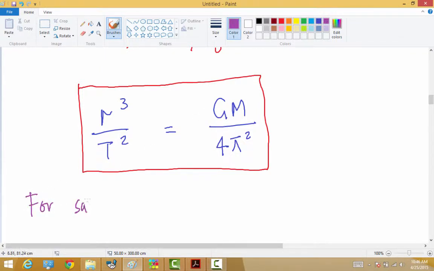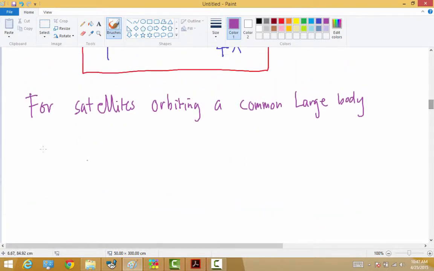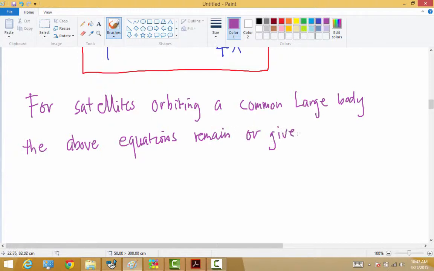Yeah, so for satellites going around, or orbiting is a better word, a common large body, the above equations, formulas, remain or give the same value, i.e. they remain constant.